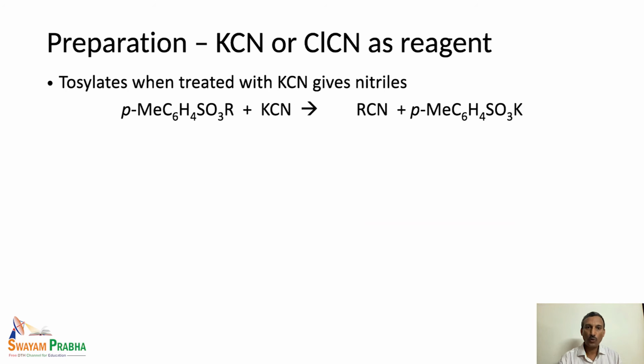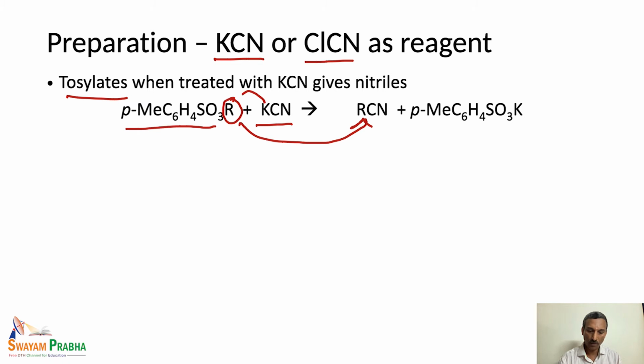We can also use KCN or ClCN as the reagent for the nitrile compound synthesis. Tosylate, generally the tosyl salts, when treated with potassium cyanide gives nitrile. So, the general reaction is given here. This R group is the one which is actually getting converted to R-CN, and the potassium replaces the R group.